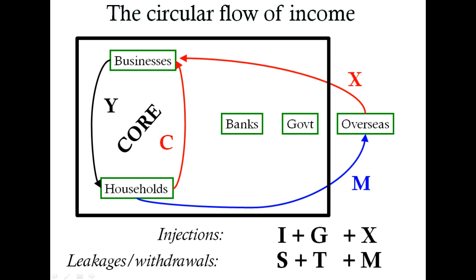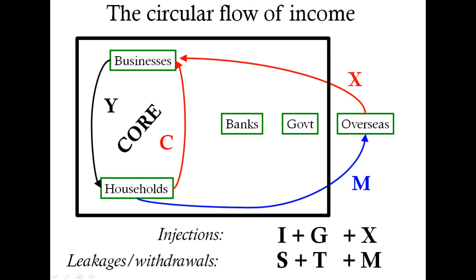But we can also easily imagine scenarios where those couples of injections and withdrawals wouldn't necessarily be equal. After all, the agents, for example, in the case of savings and investment, the people who are saving and the people who are investing are entirely different groups that aren't in any way coordinated.